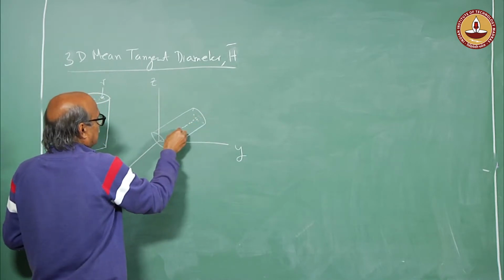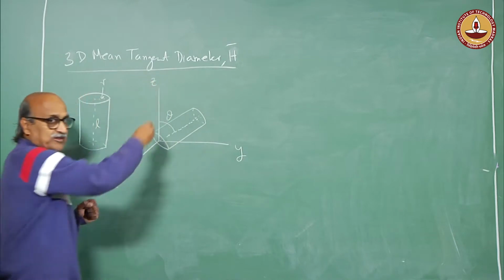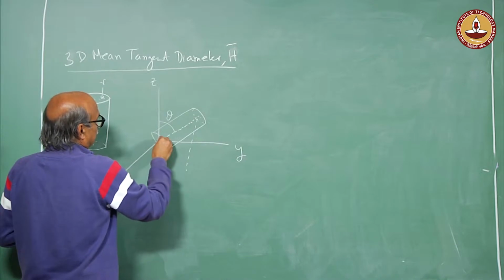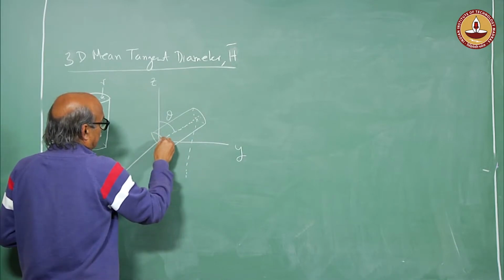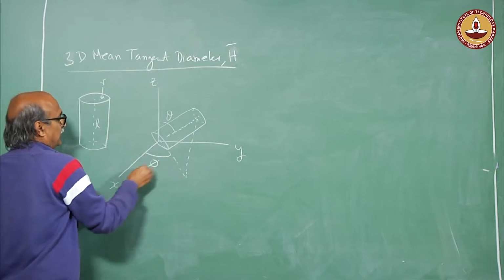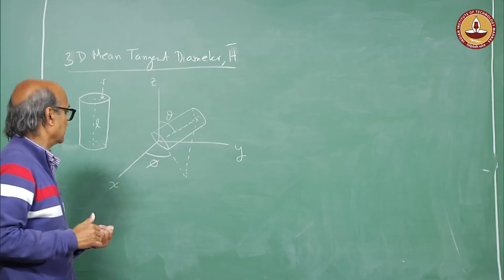Take the axis of the cylinder; the axis of the cylinder makes an angle of theta with the z axis, and its projection makes an angle of phi with the x axis.